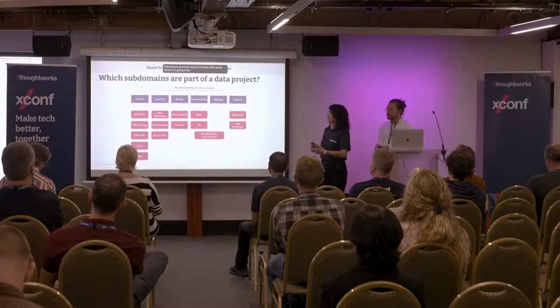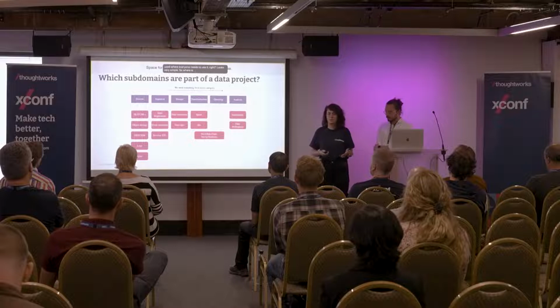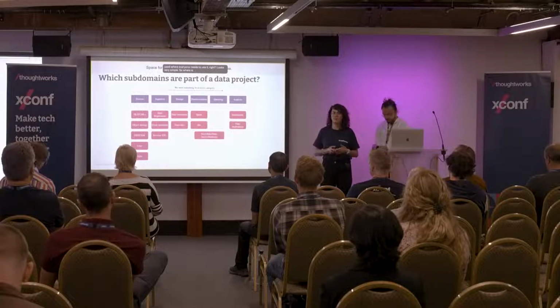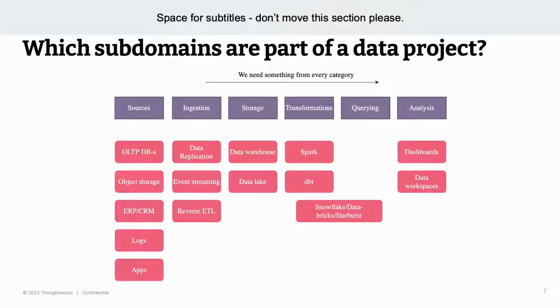We want to share some of the subdomains that are usually part of a data engineering project. We have sources, ingestion, storage, transformation, querying, and observability or analysis on this information. Just to go through one example, let's talk about the transformation tools that you can use.